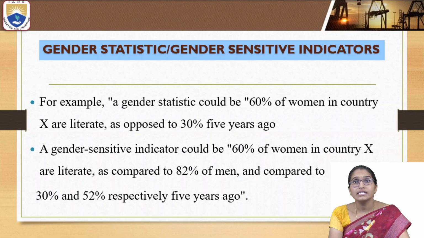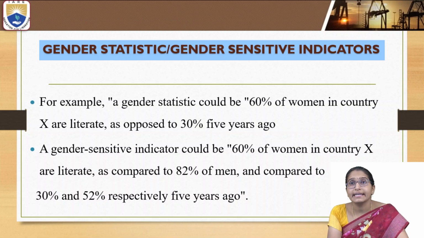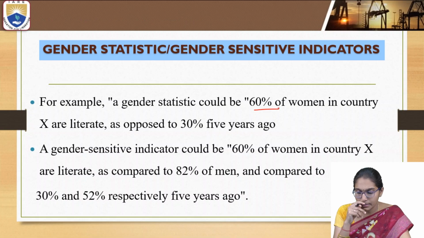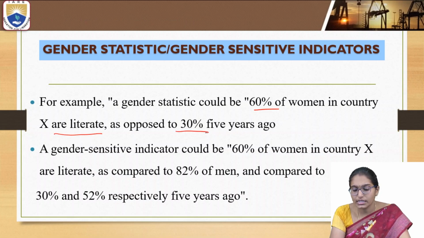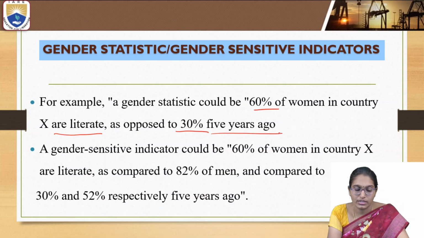So these gender statistics or gender sensitive indicators, for example, a gender statistic could be 60% of the women in a country X are literate, as opposed to 30% of the men, 5 years ago, let us say.